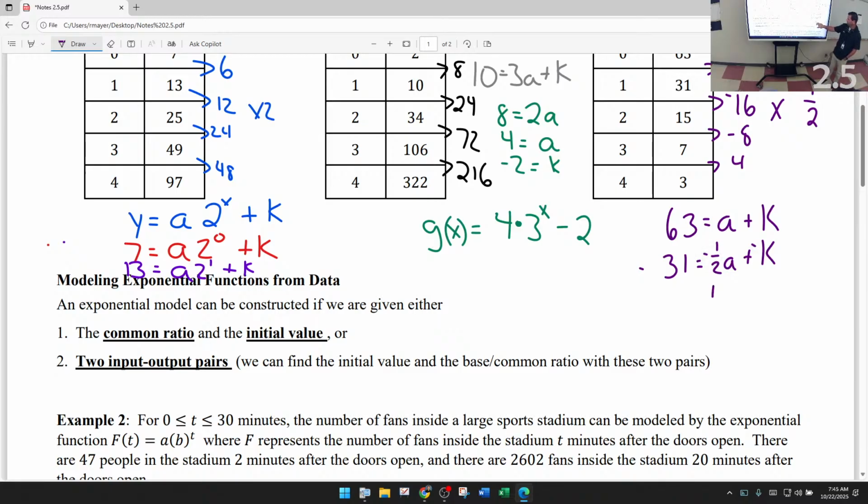So this is 1/2 a equals, that's what, that 32? Got to multiply both sides by 2 to get rid of the 1/2. So a is 64. Once you figure out a is 64, and if that's 63, now k is -1.